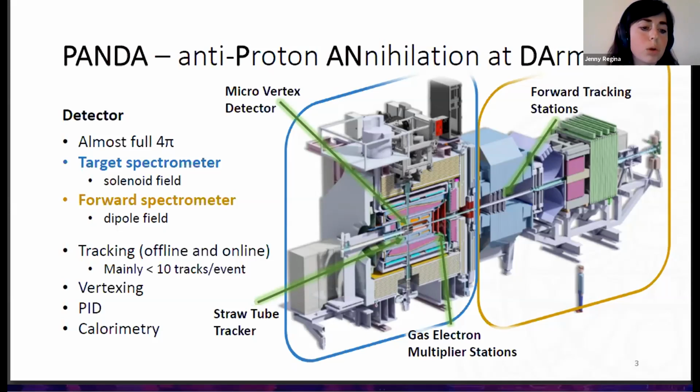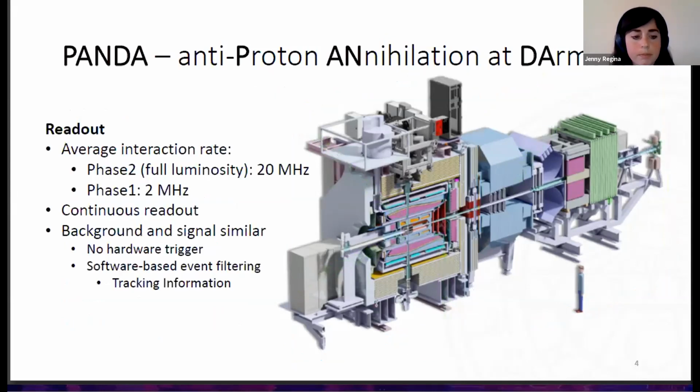For tracking, we will have both online and offline tracking, and mainly fewer than 10 tracks per event. We will use the usual vertexing, particle identification, and calorimetry. For the readout, which is important for the work I will discuss, the average interaction rate at later stages of PANDA, what we refer to as phase 2 or the full luminosity phase, will be around 20 megahertz.